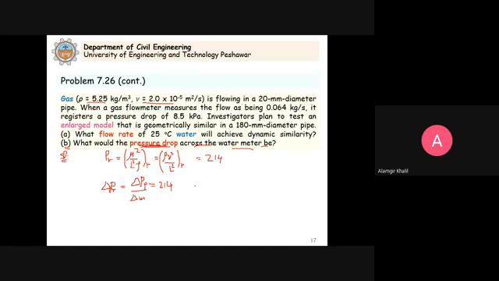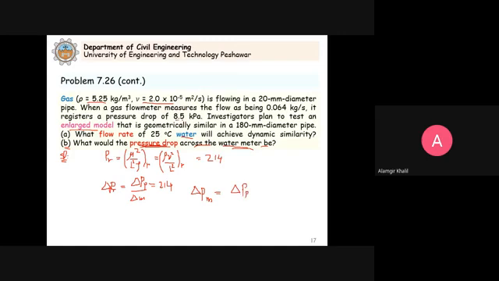Now, delta PM we have to calculate. This is what is asked. What would be the pressure drop across the water meter? So that is in the model. So delta PM, that will be equal to delta PP for the prototype.